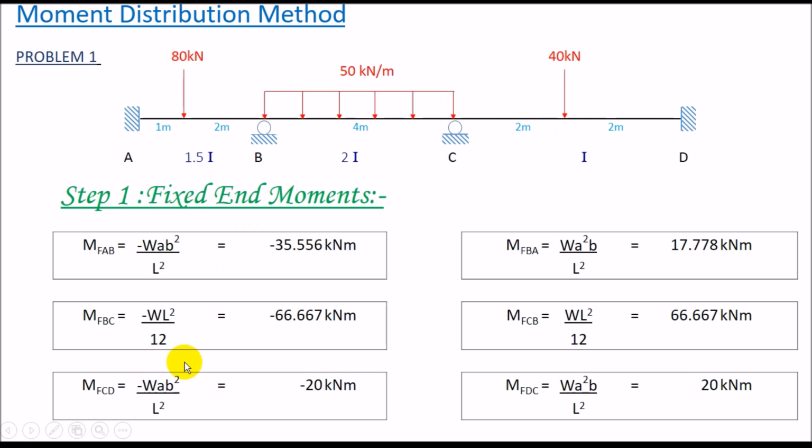But I prefer choosing this formula, as it is a general formula, and you don't have to remember two formulas for the same thing. You get the answer as minus 20 kilonewton meter, and MFDC is equal to W A square B by L square, which is 20 kilonewton meter. Alright, through with the fixed end moments. This was step 1, which is done.